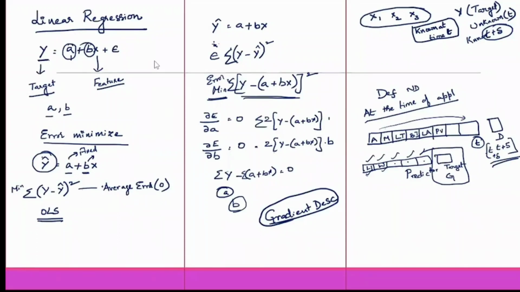Those kinds of problems come under the prediction problem. So always ensure that the data that you are using, or the problem that you are solving, has X variables that are always available ahead of time compared to the Y variable.